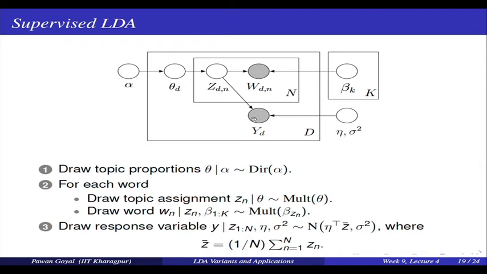From there you are sampling your response. From your Z_dn you are sampling the response, which is a normal distribution over eta transpose Z bar with a variance sigma square. So this response variable depends on the topic distributions with the variance.